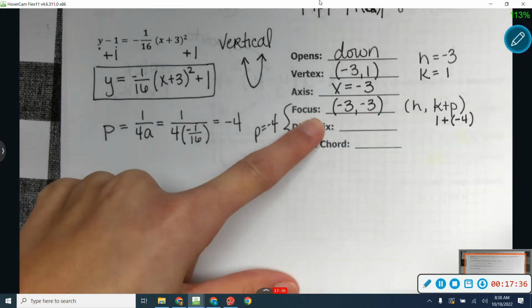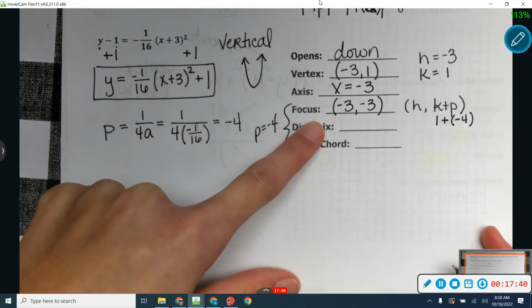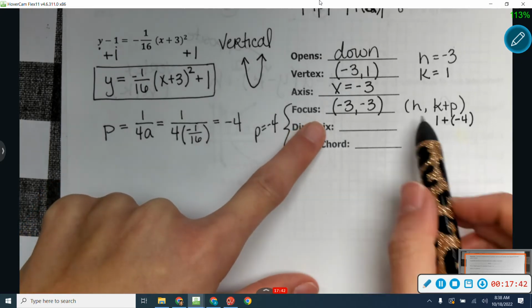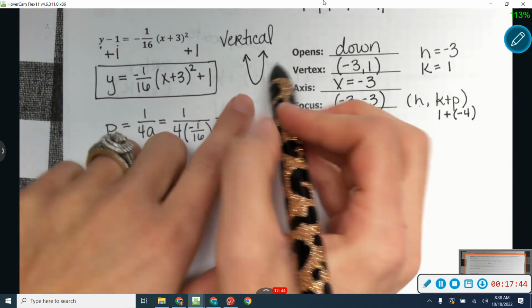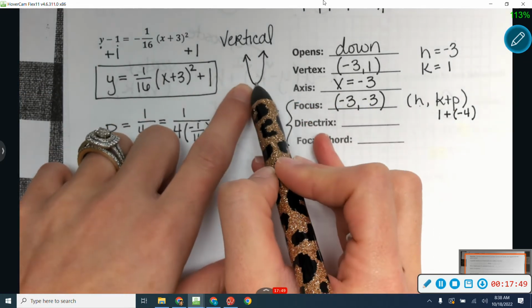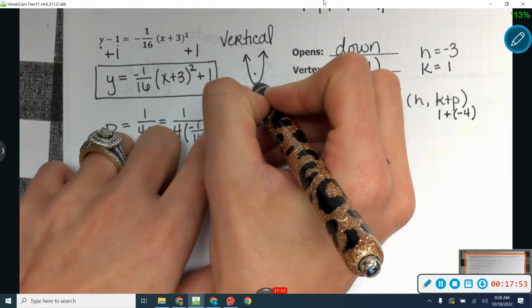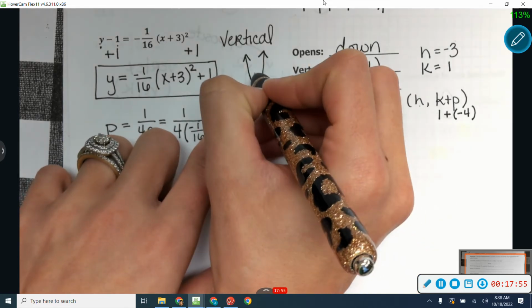Yes. So why did you put in it, like, we don't do anything with the h? No, because think about what your graph looks like. My focus is on the inside. So if I'm vertical, I don't change left or right, I'm going up.